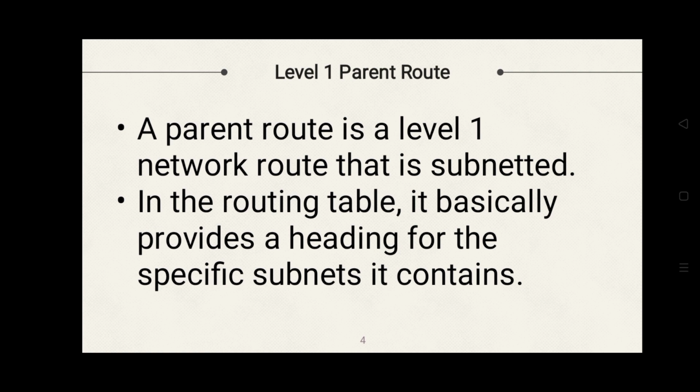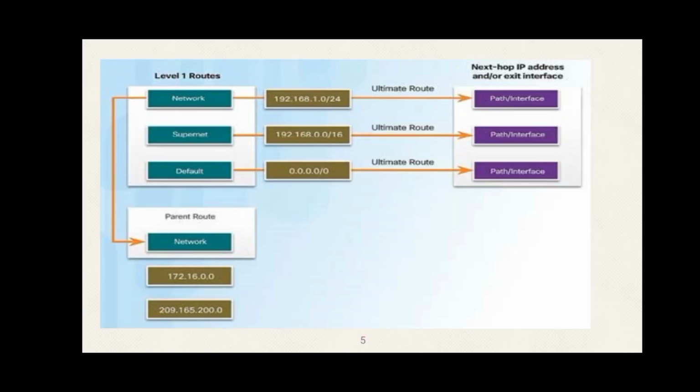In the routing table, it basically provides a heading for the specific subnets it contains. So, we have something called a level 1 parent route, and this can be described as some sort of headline, something that we set up or we can see in our routing table.